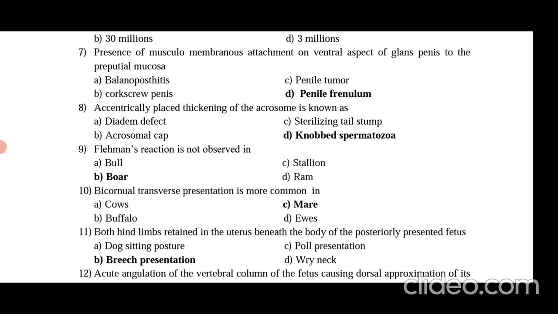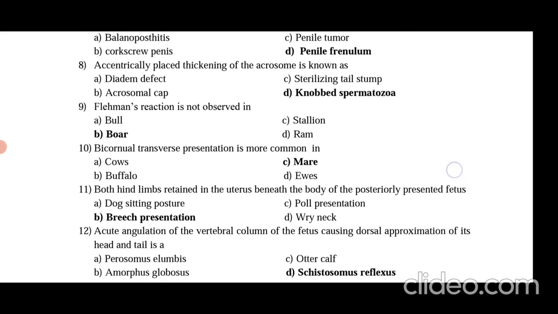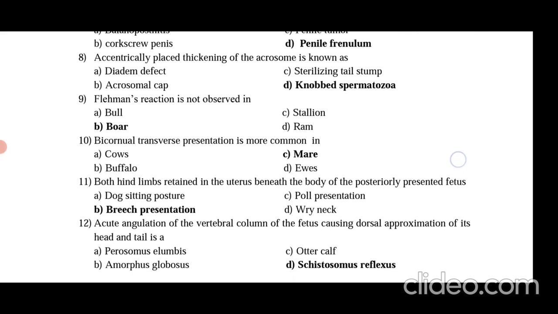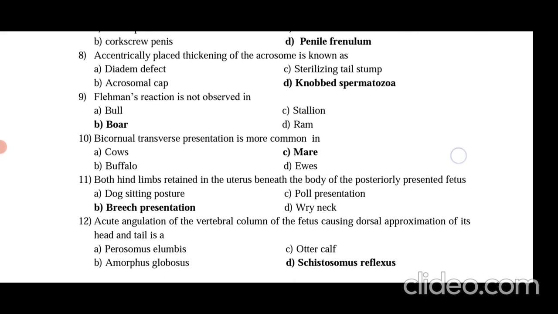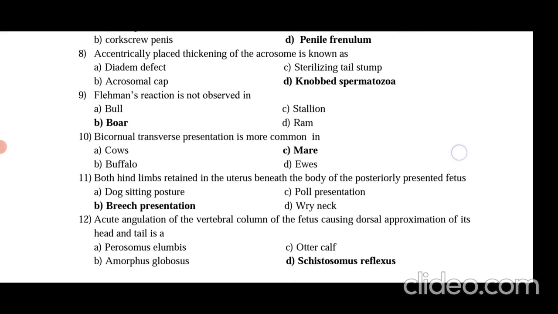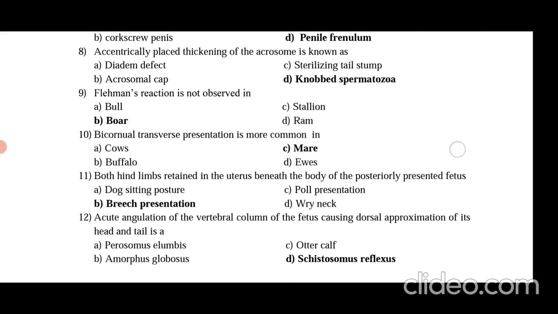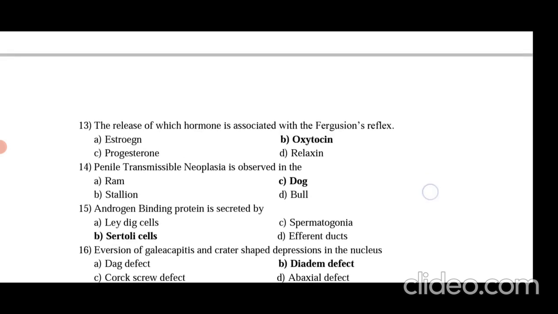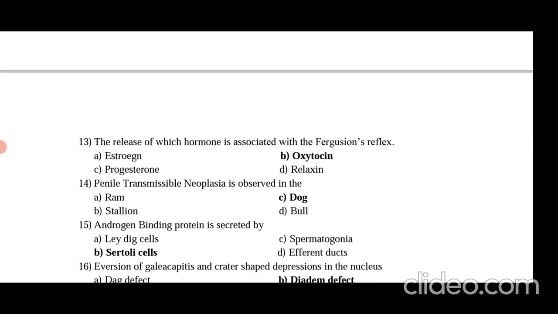Acute angulation of vertebral column of fetus causing dorsal approximation of its head and tail is schistosomus reflexus. The release of which hormone is associated with Ferguson reflex? Oxytocin.